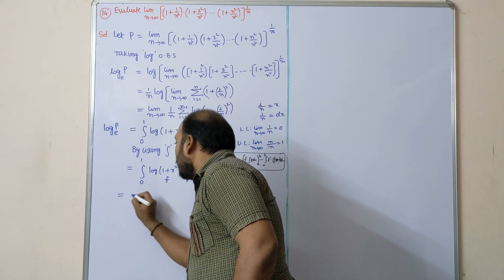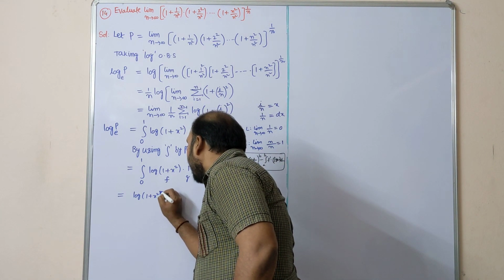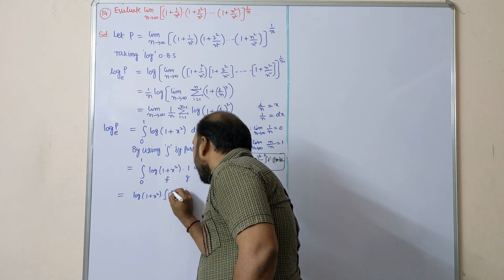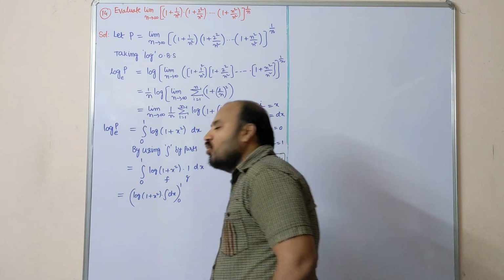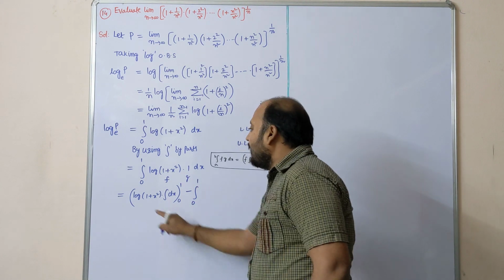So which is equal to log of 1 plus x square into integral 1 dx, applying the limits 0 to 1, minus integral 0 to 1 of f dash of x.